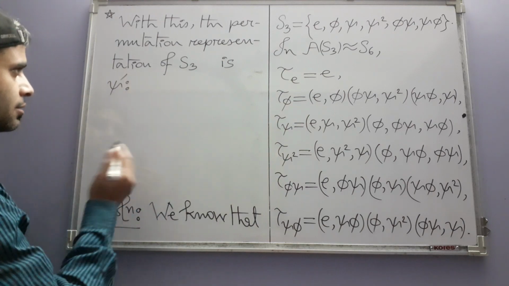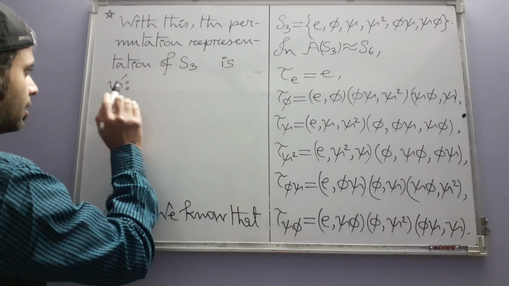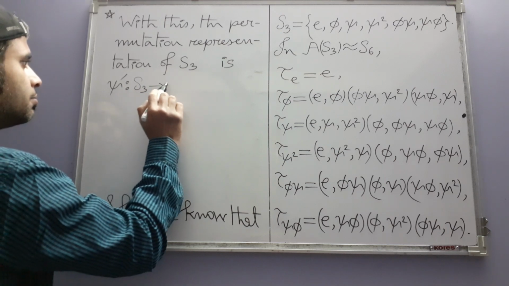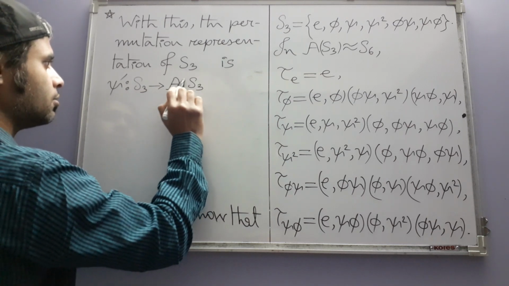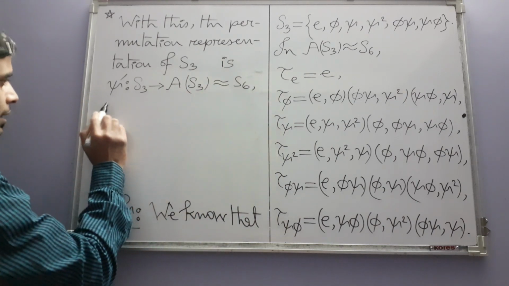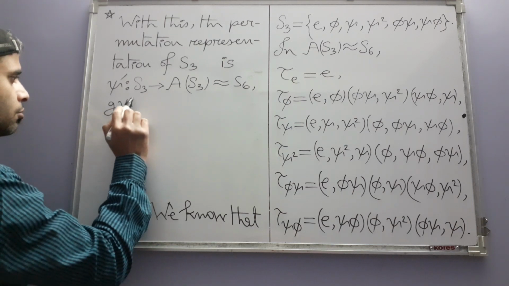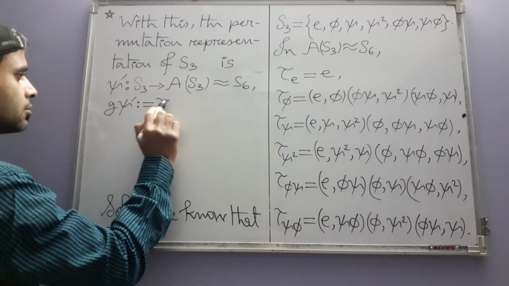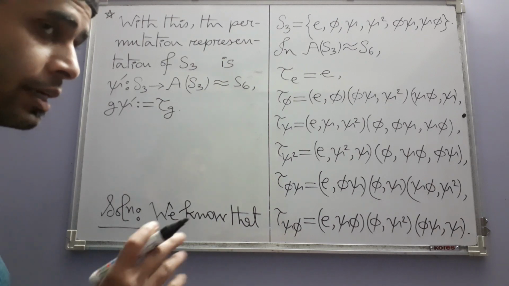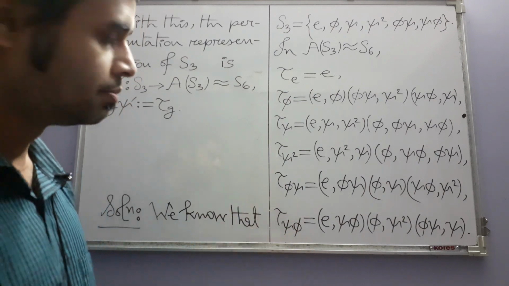So let me just for the sake of this one only denote the isomorphism by psi prime of S3 into A of S3, which is isomorphic to S6, and of course the rule for this function is this.